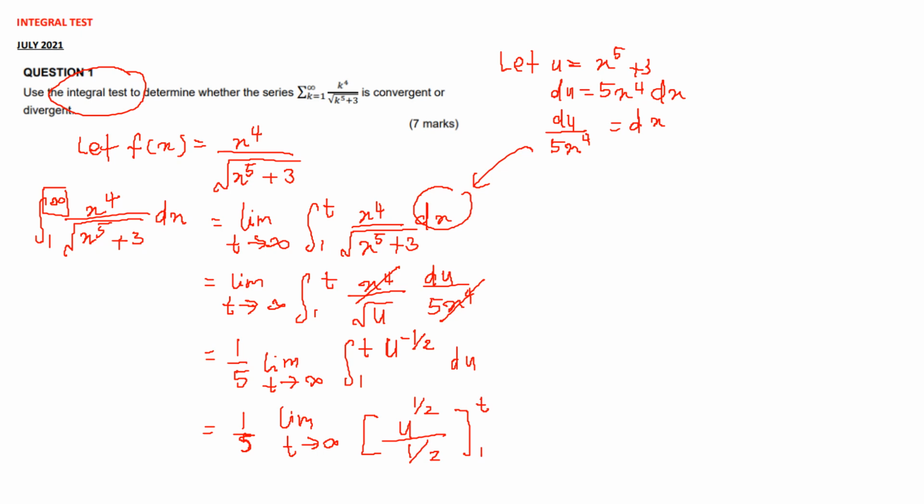Next, you have to substitute back, and you will get 2 over 5 times u power of 1 over 2.